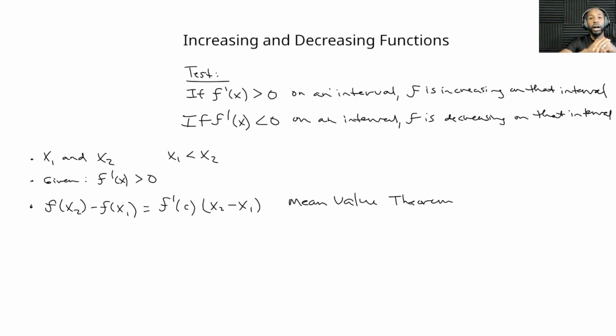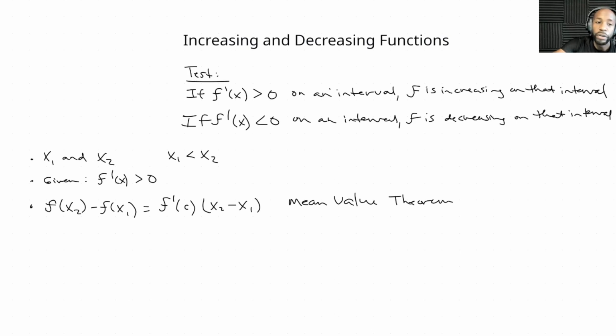In other words, if you find the slope y2 minus y1 over x2 minus x1, that slope of the secant line has to be equal, at some point, to the slope of the tangent line on that interval. That's all that's saying. So now let's use the mean value theorem to continue proving what we have here.